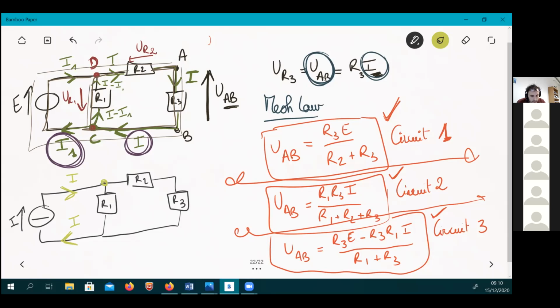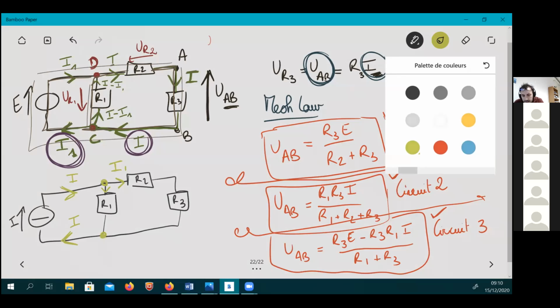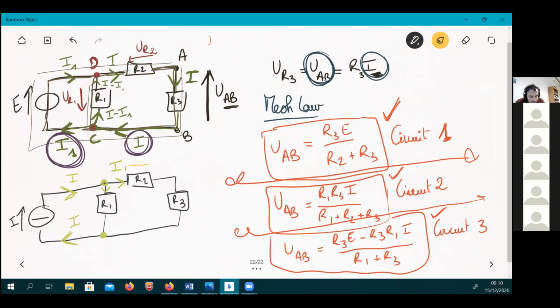Then you reach the node here. Of course, you can call this current I1. Then you apply the node law and you call this current correspondingly, knowing the mesh law. Then you label every voltage in between the terminals. Something quite important, we will discuss this later: here we have a current generator.